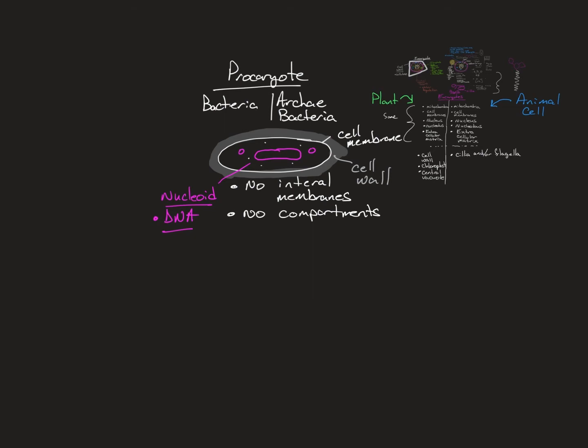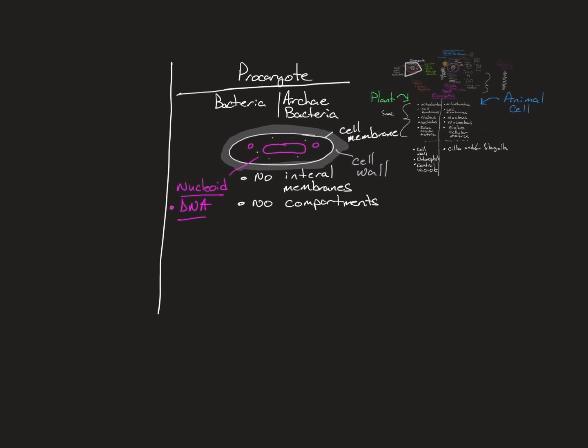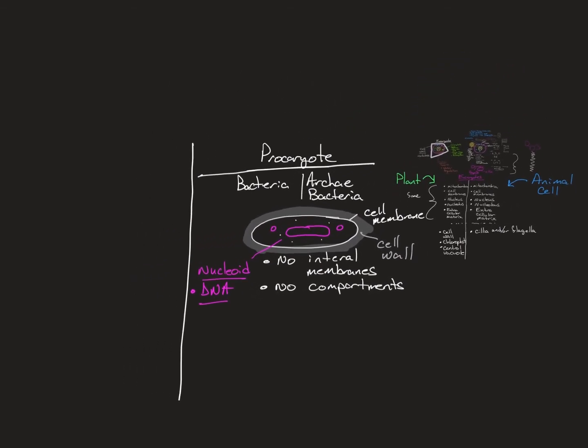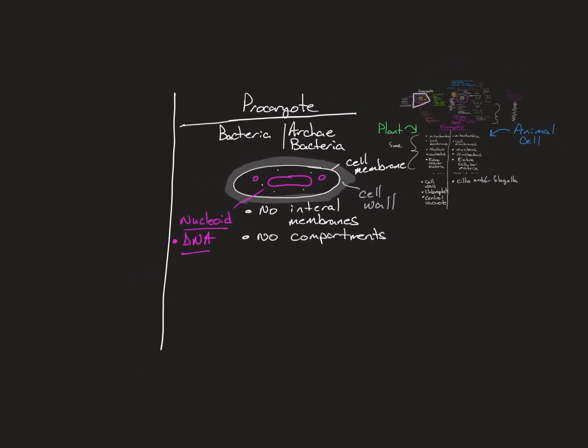And I believe your book calls the difference between this and a shack, a house and a shack, right? Or maybe it was the MIT lecture, but in any case, you can think of a prokaryote like a tent or a one-room shack. You've got your bathroom, your kitchen, your bedroom, all in one space.